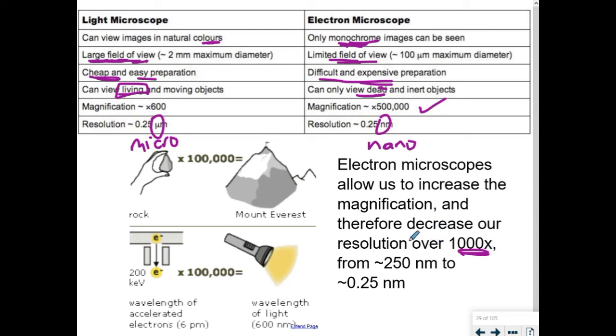The comparison is basically this: take a rock and compare it to Mount Everest. Well, that's what an electron microscope can do compared to regular light. The scope of what electron microscopes can do is insane compared to light microscopes. And it has led to some incredible advances in microscope technology that have really affected what biologists study.